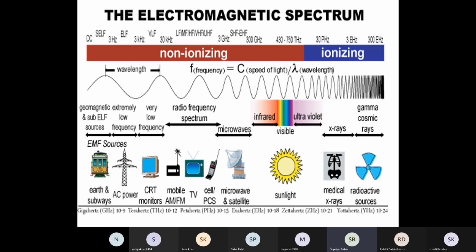Now, see, the scale above is given in hertz, so you will not understand it properly. See the middle part: gamma, X-ray, ultraviolet, visible, infrared. There are different spectral regions. The visible region's wavelength range is 400 nanometer to 800 nanometer.